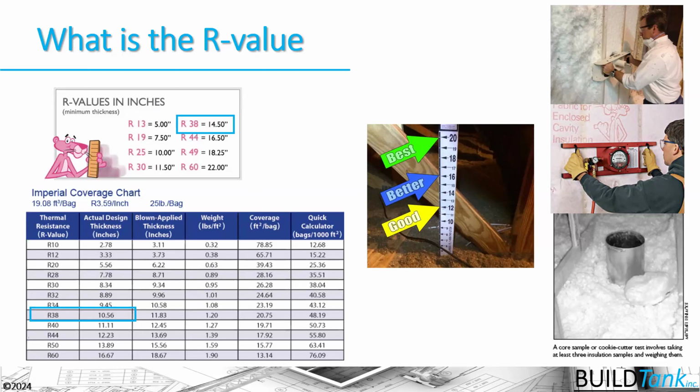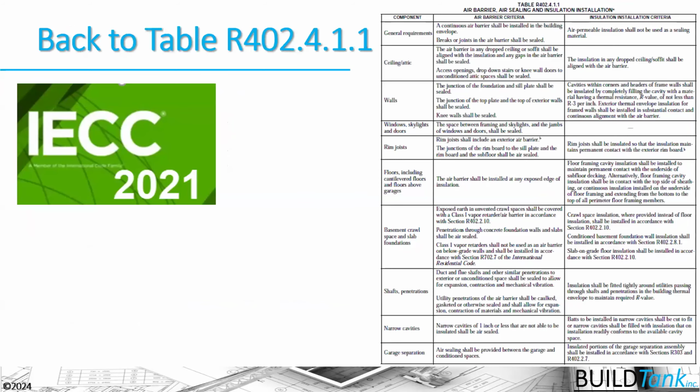There are different brands of fiberglass that might need up to 17 inches of material to achieve an R38. So again, another reason why we really need to rely on and ensure that we get the certification of the installer at the time of installation, that they're certifying their install. They're taking responsibility for that R value that's been installed in those cavities.